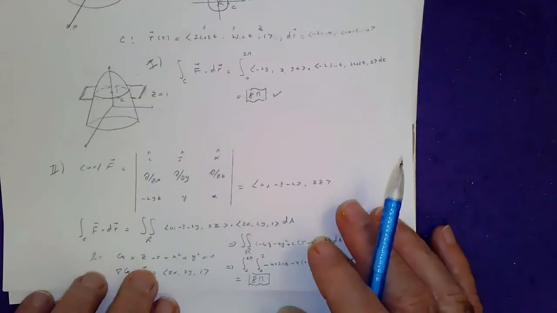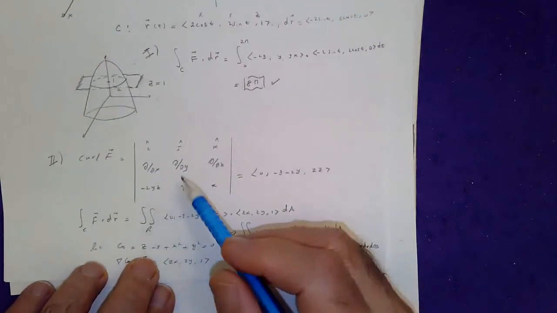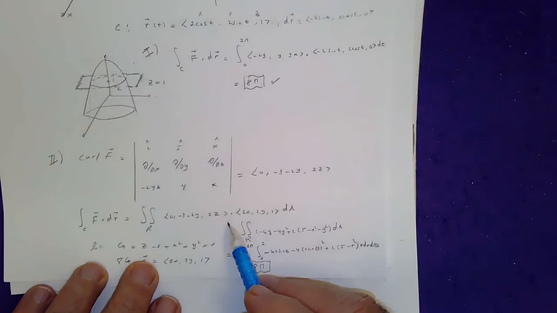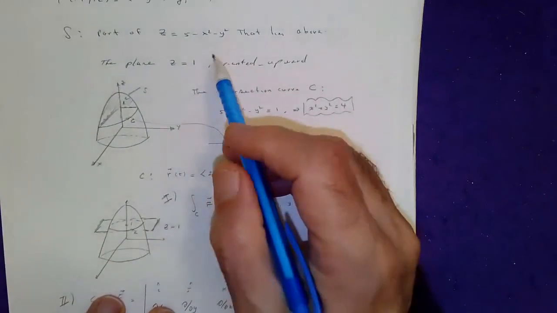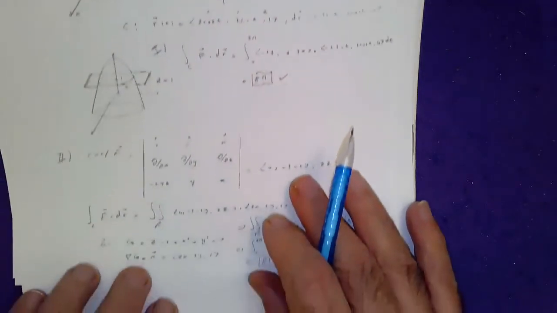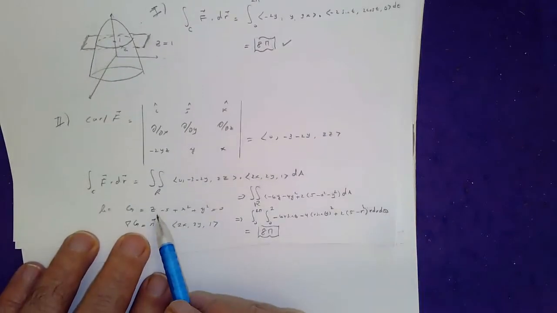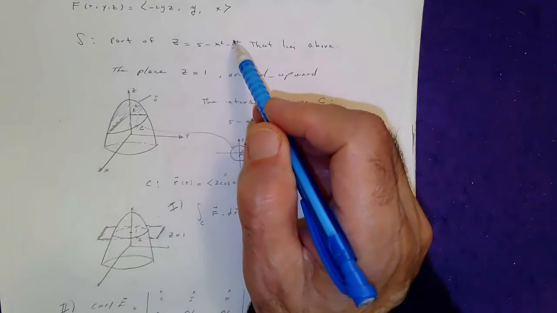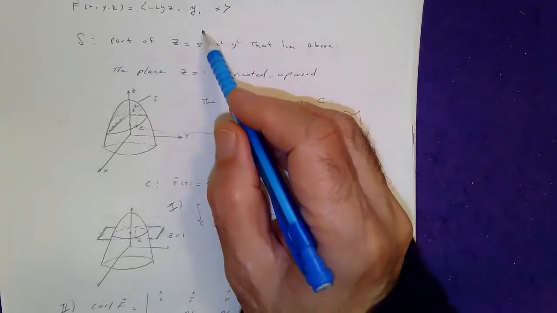Now let's apply Stokes' theorem. So find the curl of F, you get this, okay? Now I need to find the normal vector to this elliptic paraboloid. How do I do that? I move the 5 minus x squared minus y squared to the left side.